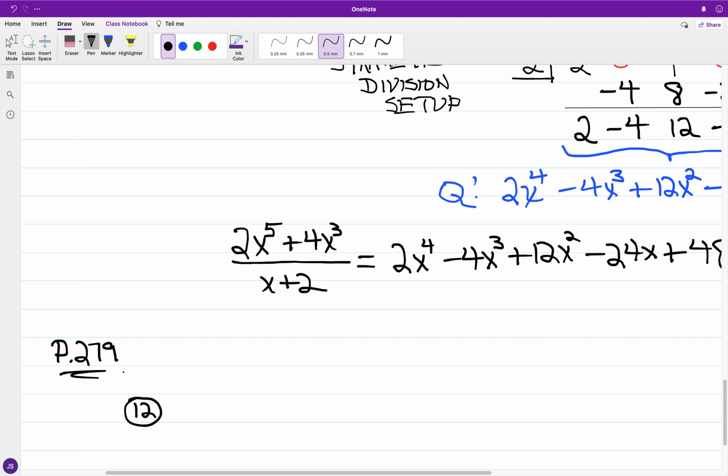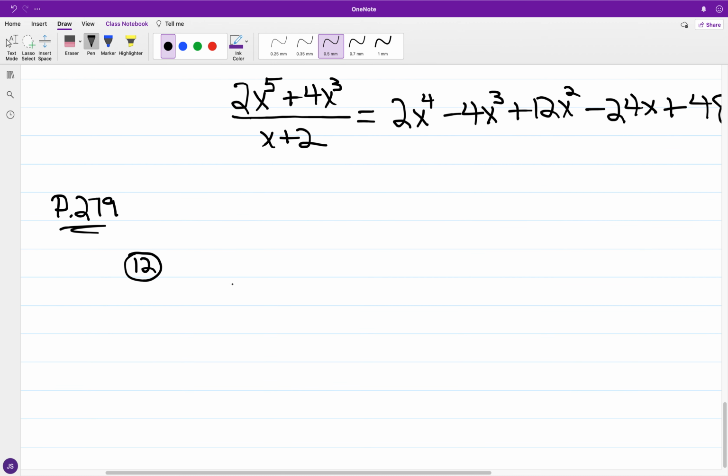So we're looking at x plus 3 dividing into 3x to the fourth plus 17x cubed plus 20x squared minus 28x minus 48. And again, we're looking at writing what we have in the expanded form.